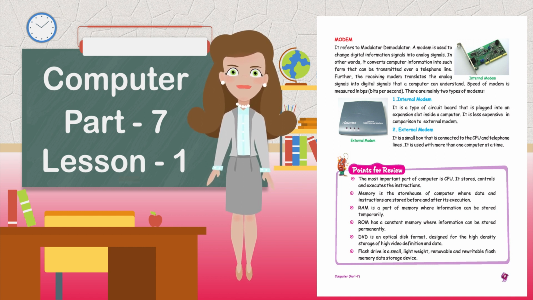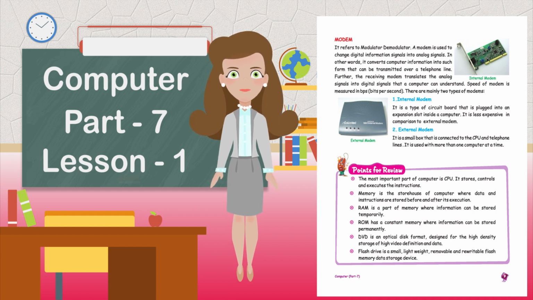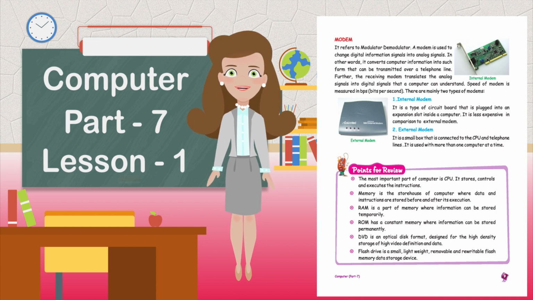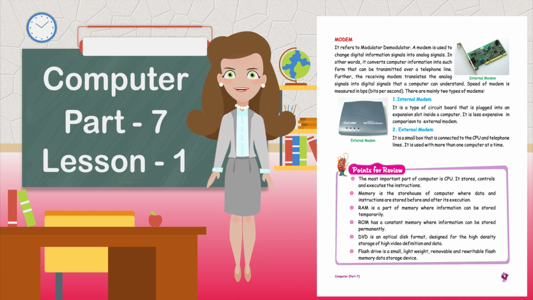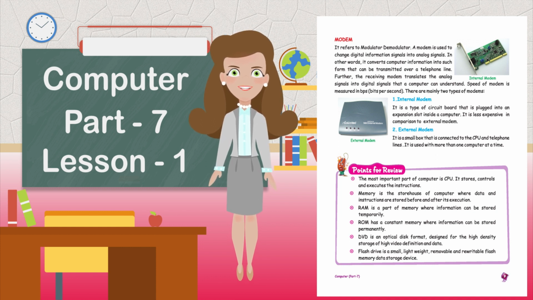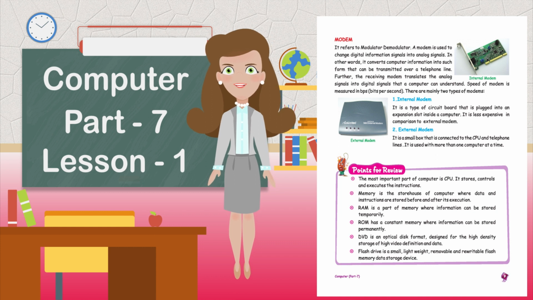ROM has a constant memory where information can be stored permanently. DVD is an optical disc format designed for high density storage of high video definition and data. Flash drive is a small, lightweight, removable and rewritable flash memory data storage device.